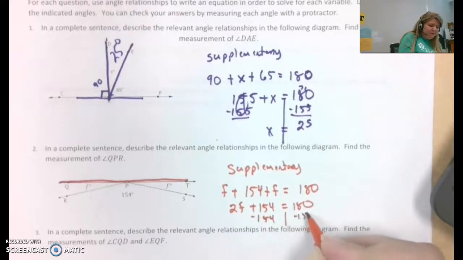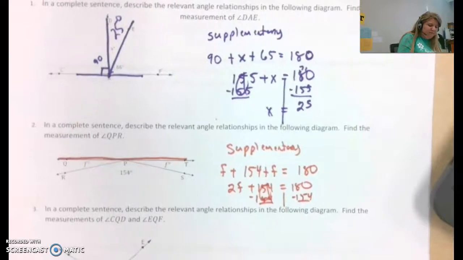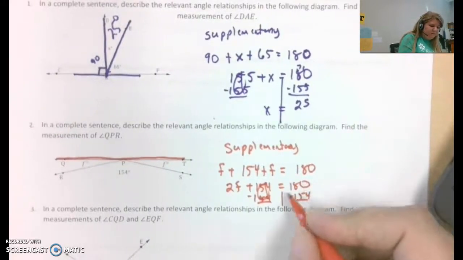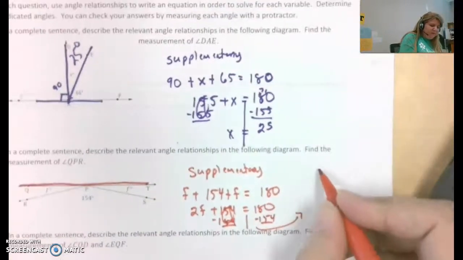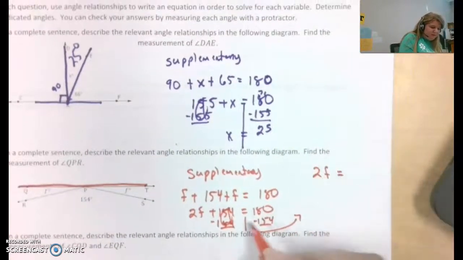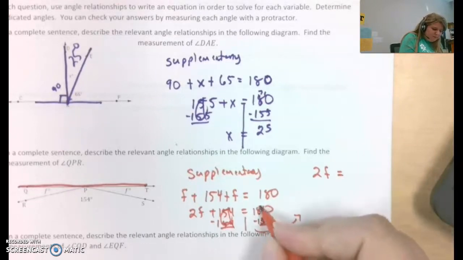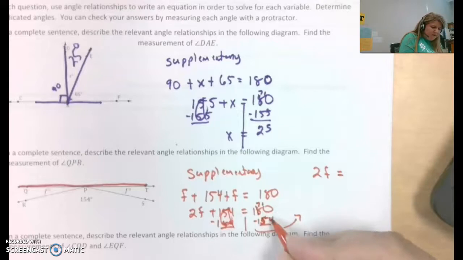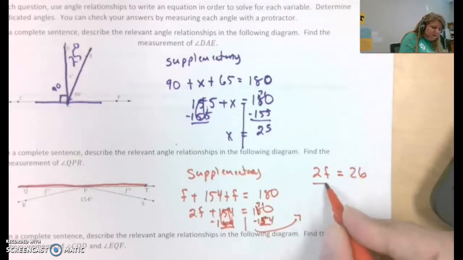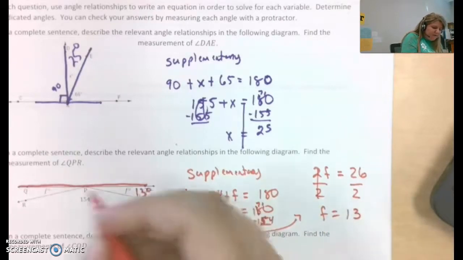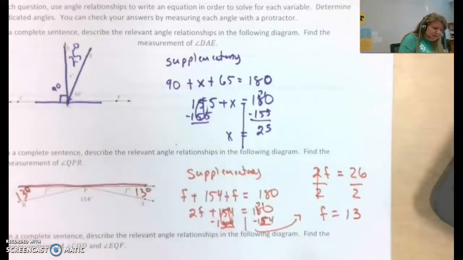Subtract 154 from each side. So 2F is going to be equal to 26. Divide each side by 2. F is 13. So this is 13 degrees and this is 13 degrees.